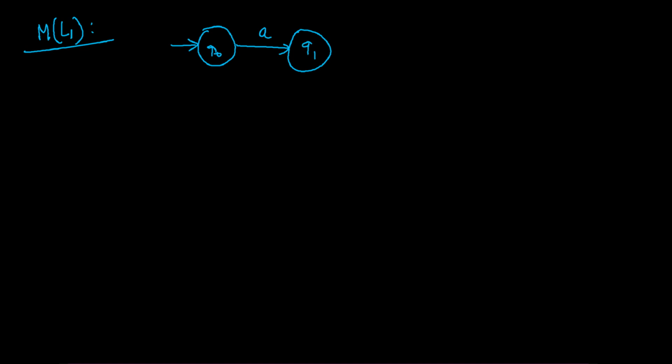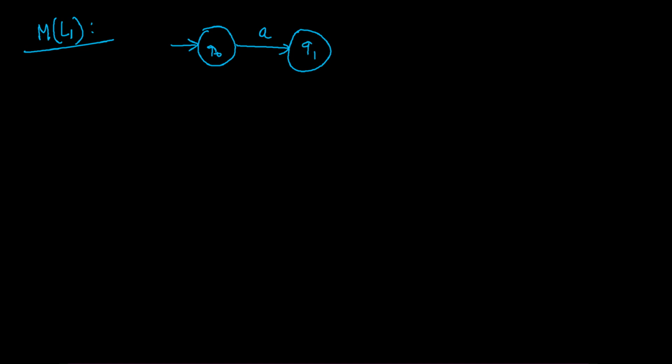Okay, now the DFA for L1. So this is your Q0. At Q0, you will see the first symbol and it has to be A. From A you go to Q1.